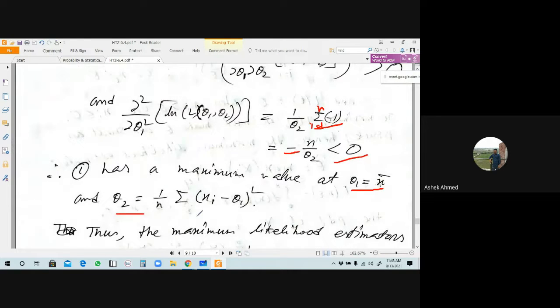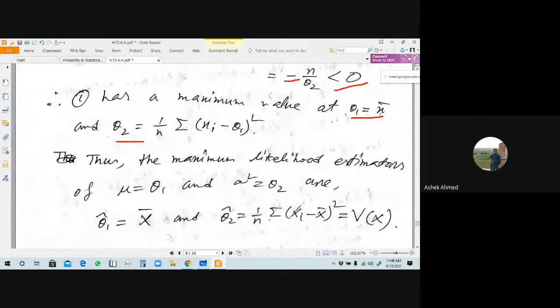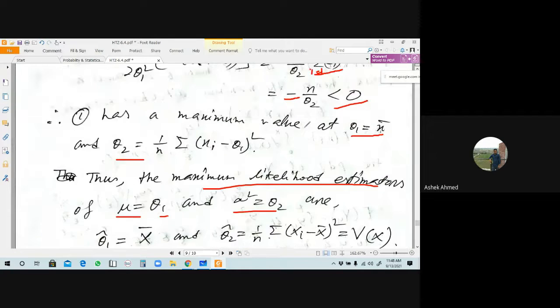1 by n summation of (xi minus theta 1) whole square. Thus from here we can say that the maximum likelihood estimators of mu equals theta 1 and sigma square equals theta 2 are: theta 1 cap will be equal to x bar, since we have theta 1 as x bar, capital X bar.